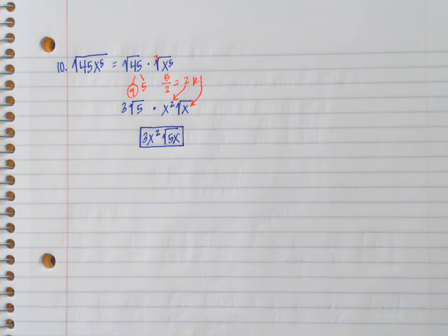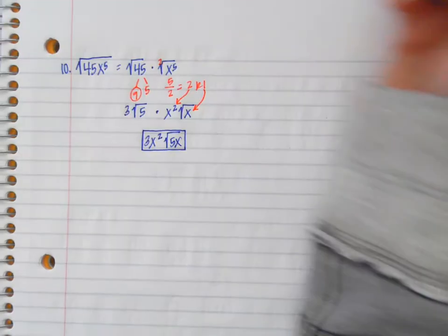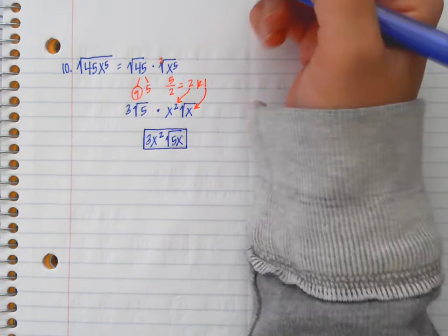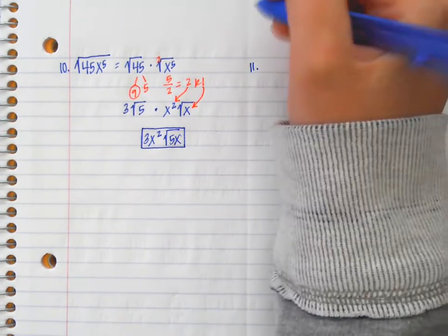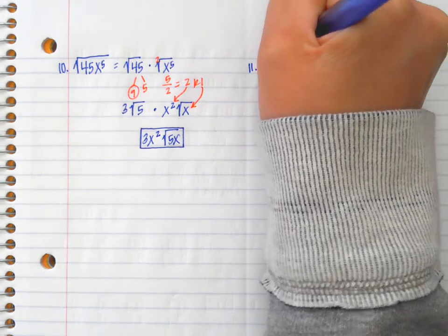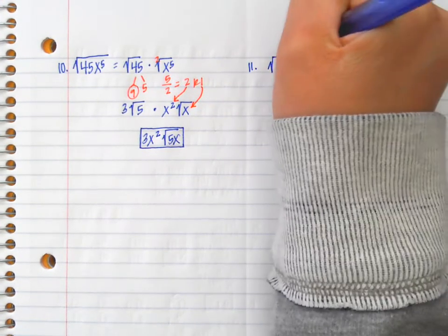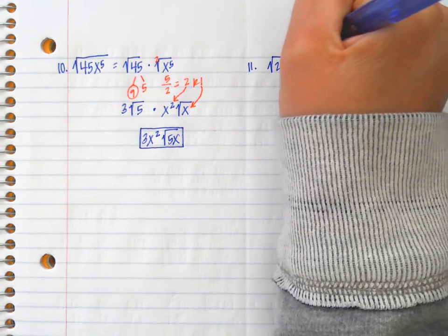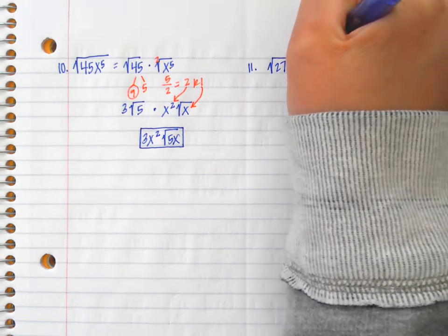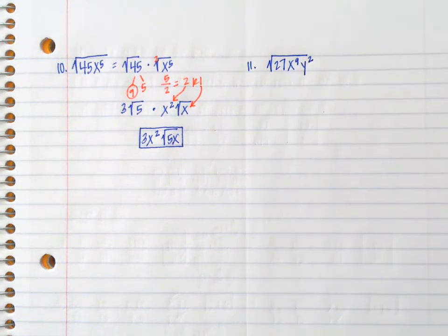Okay, so why don't you guys try this one? I'm going to fold my page so I have it even because I like it like that. Okay, if I gave you the square root of 27 x to the 9th y squared.